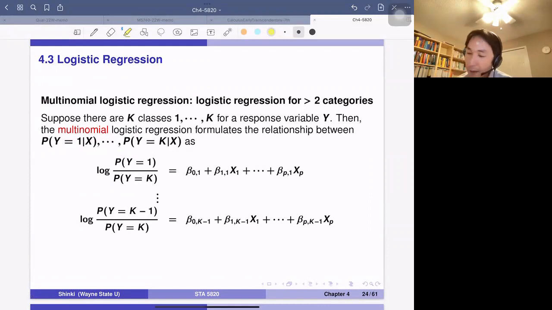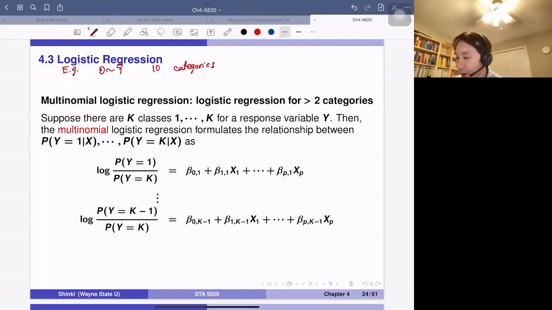So next is multinomial logistic regression. For example, we are thinking about a categorization problem, maybe character recognition, to categorize handwritten digits 0 to 9. We have 10 categories, so we cannot use plain logistic regression.